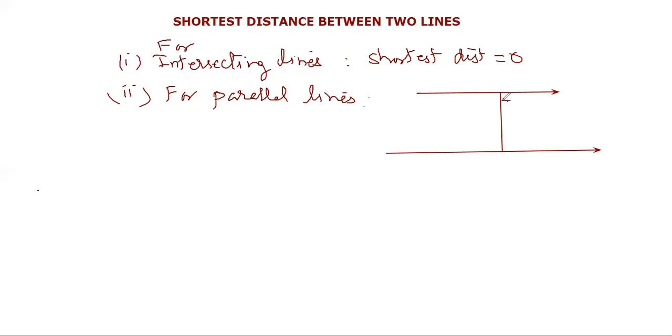So this is perpendicular and shortest distance. HD used to say SD, and we can take SD this also.